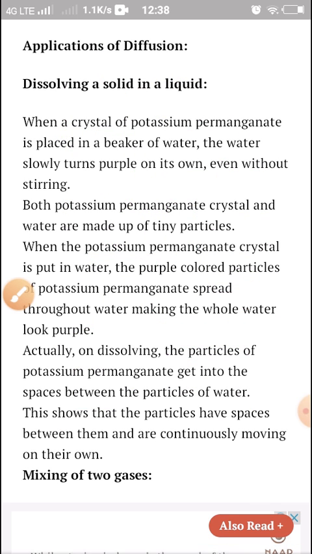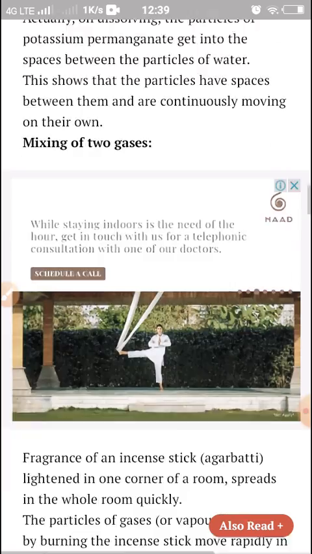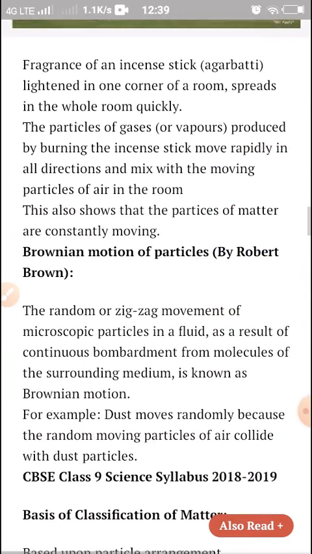Understood? Thank you. Now we have mixing of two gases. How do we mix two gases? Do we make them dissolve or stir with something, right? Let's see. The fragrance of an incense stick lighted in one corner of the room spreads in the whole room quickly.